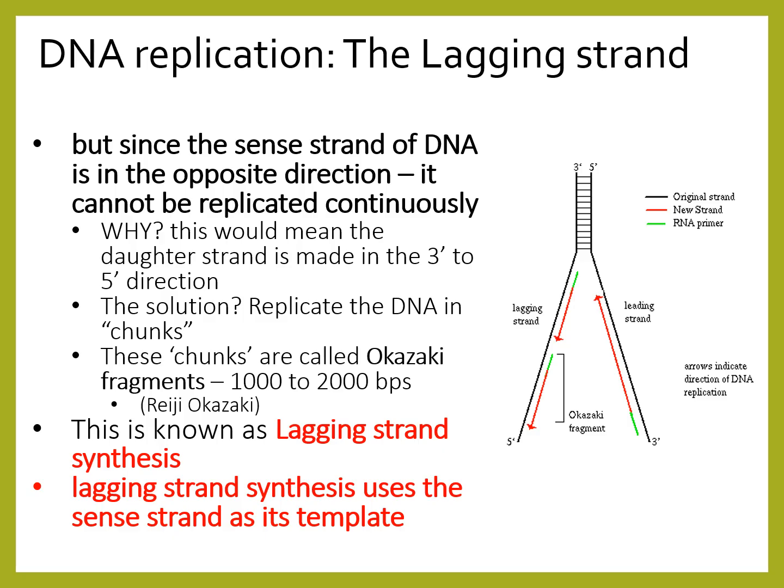These chunks were about 1,000 to 2,000 base pairs long. He named these chunks that have been flipped and replicated Okazaki fragments. And that discontinuous replication, that flipping and zipping of your zip line done by your partner, is called lagging strand synthesis. Lagging strand DNA synthesis uses the sense strand as its template.